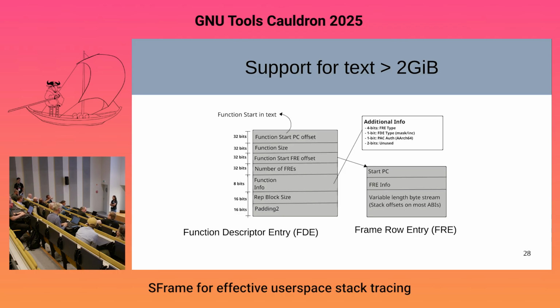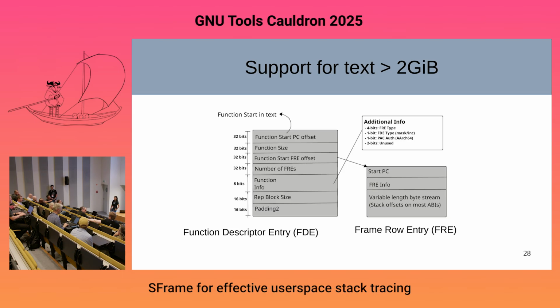But if it is easy for a consumer to determine, oh, sorry. I mean, will it be such a problem to have binaries with invalid SFrame sections, like concatenated, if it is easy for a consumer to actually determine when the SFrame is valid or not?